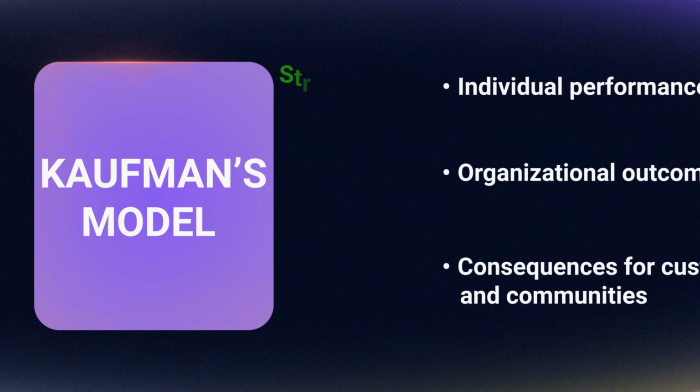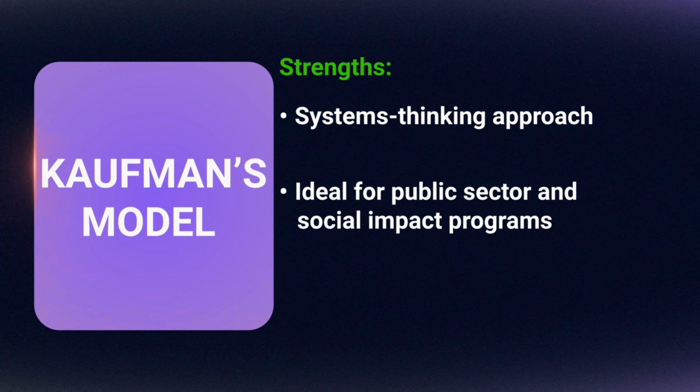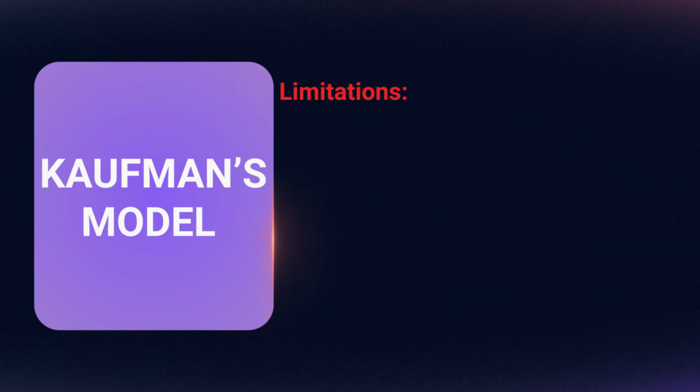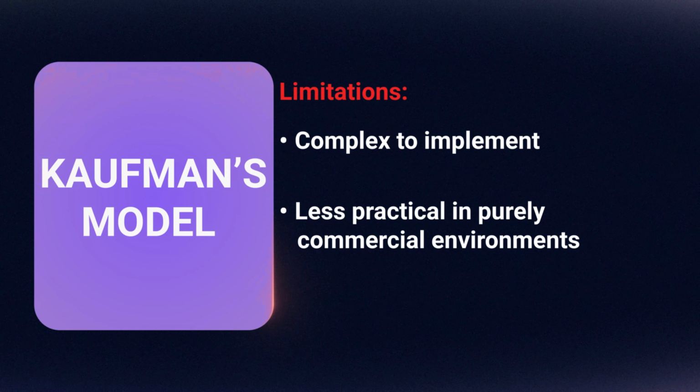For the strengths, it's a systems thinking approach. It's ideal for public sectors and social impact programs, but the limitations are it's complex to implement and it's less practical in purely commercial environments. So Kaufman's central question was, what's the value added to the world?